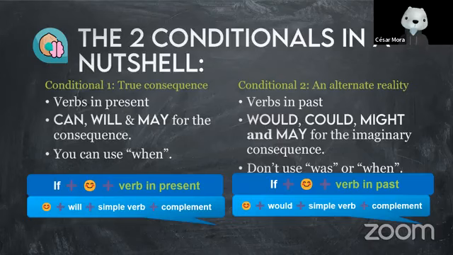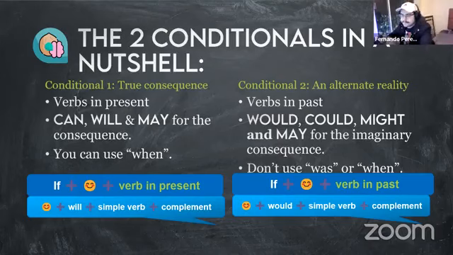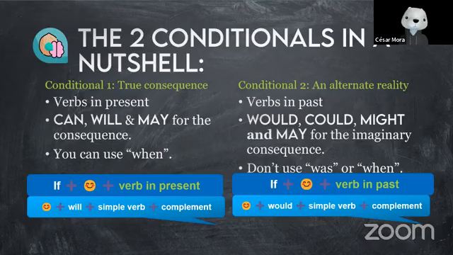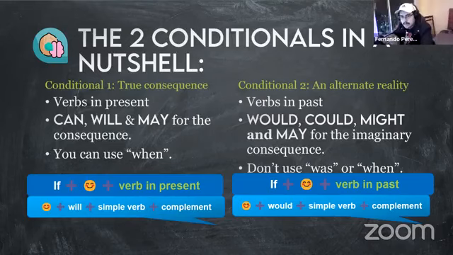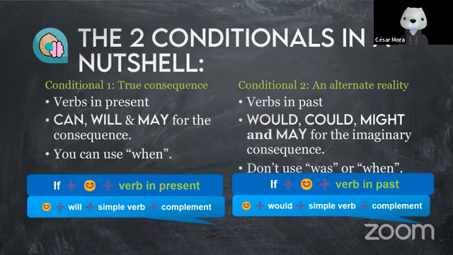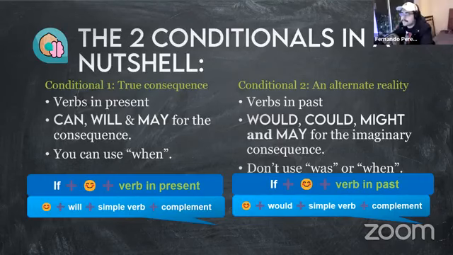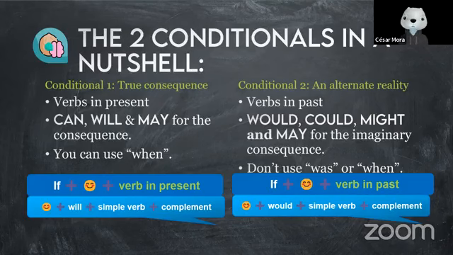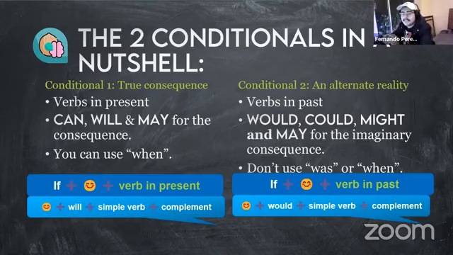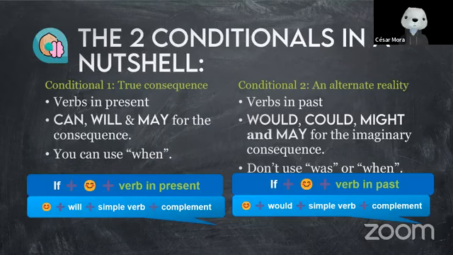Yeah, I remember that. For example, conditional one I use when there is a consequence, a real consequence, and conditional two I use when there is a probability for a consequence, or imaginary.